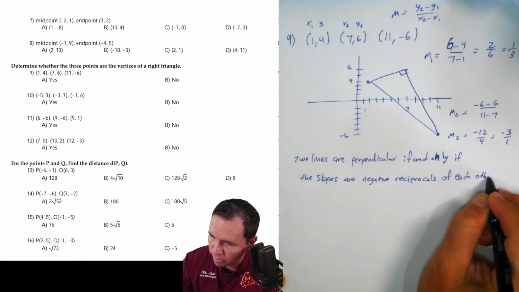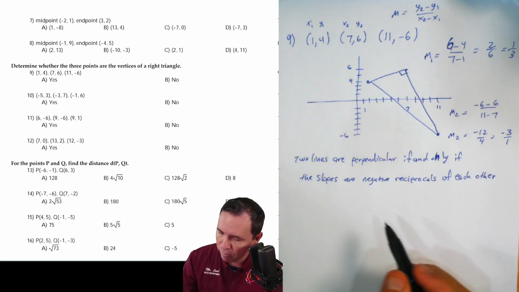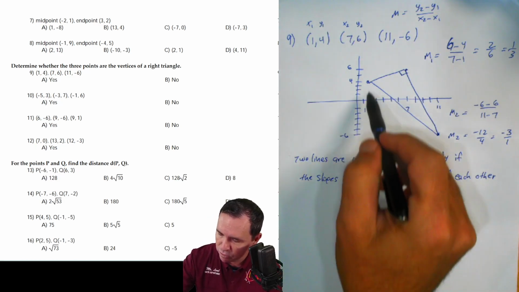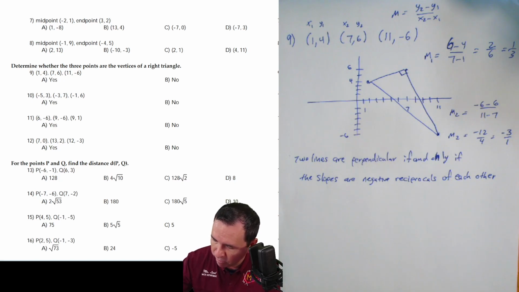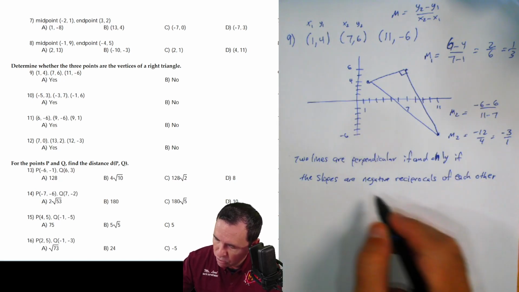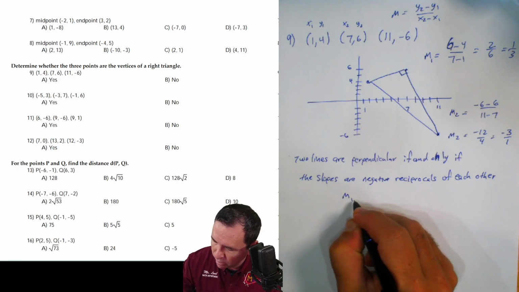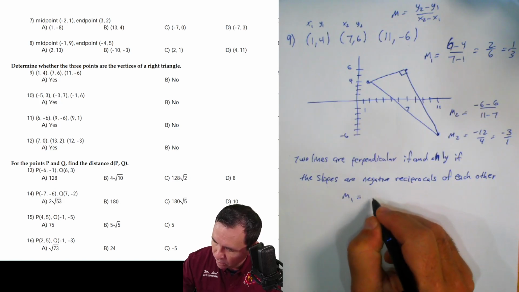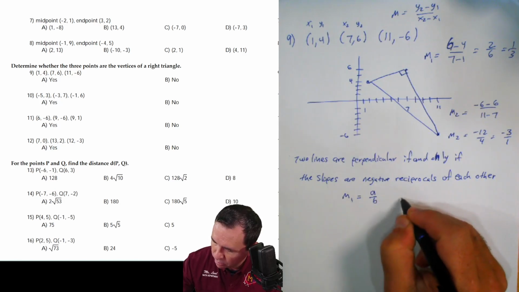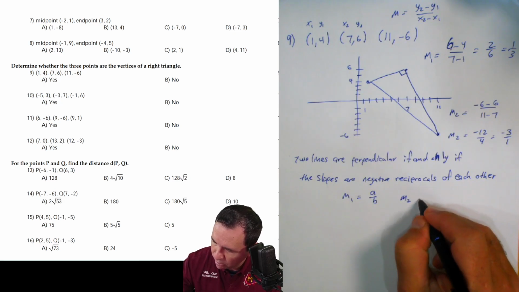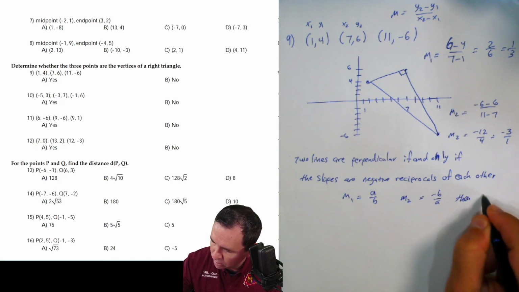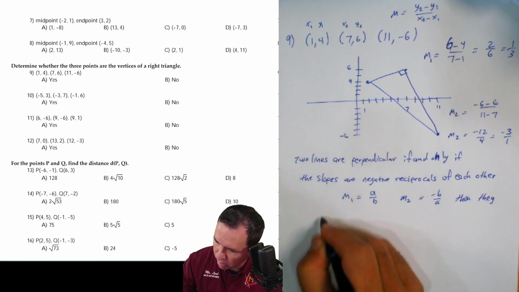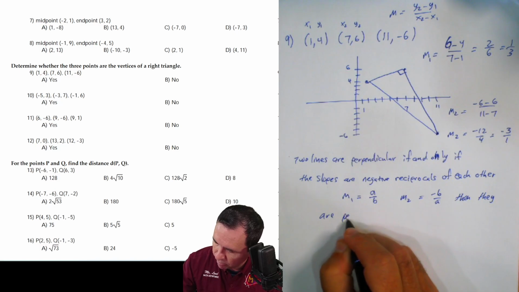I know this is very mathy, and you might be thinking, "Oh, Mr. Leal, we didn't have to do all of that. We could have just drawn the picture, and I can see that it's a right angle." But if somebody wanted to see, if slope 1 is equal to A over B, slope 2 is negative B over A, then they are perpendicular.